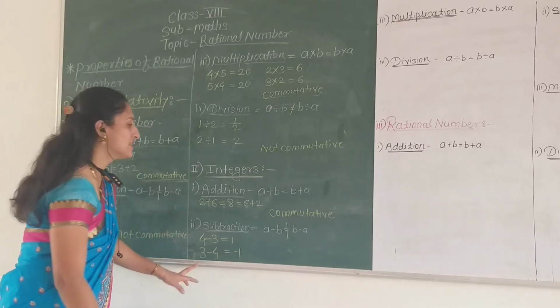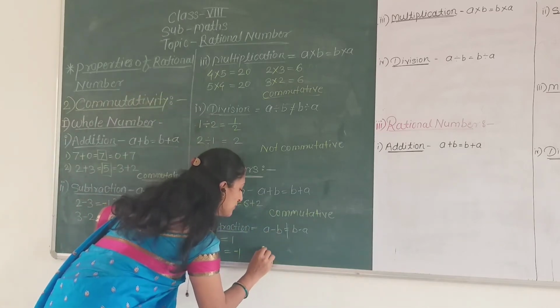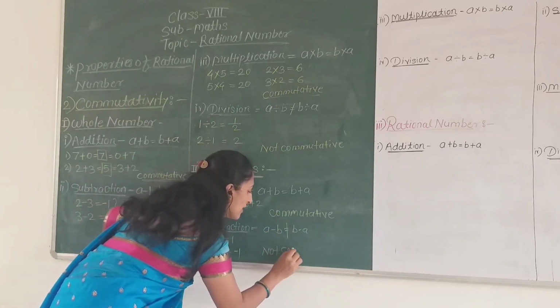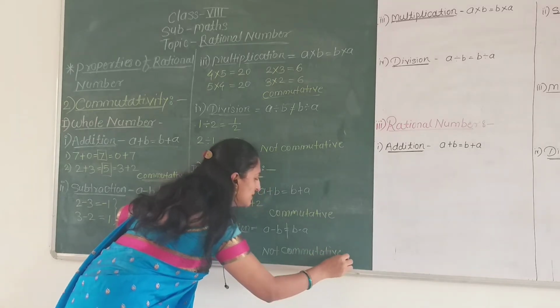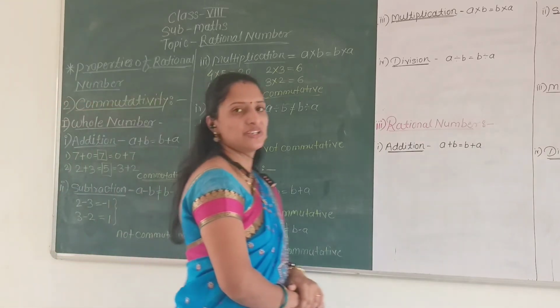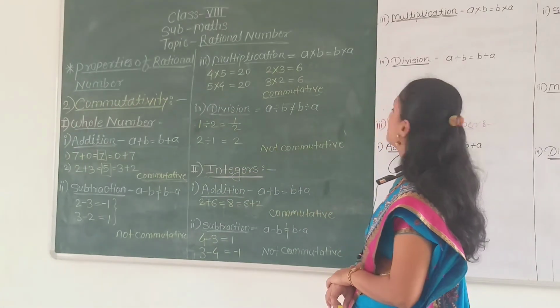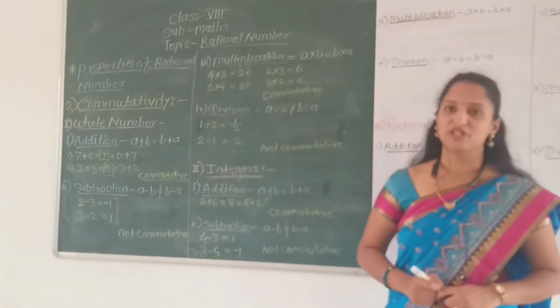Very nice. Integers are not commutative with respect to subtraction. Right?